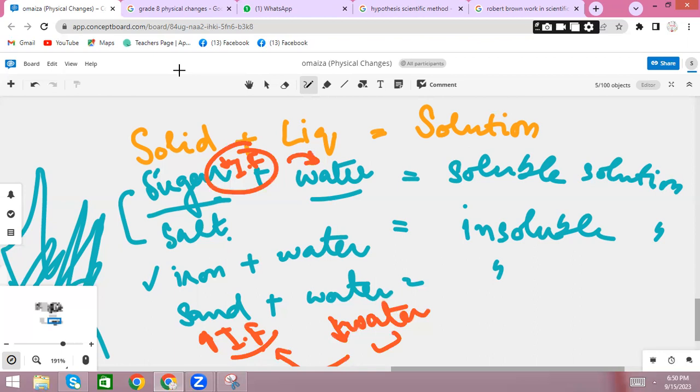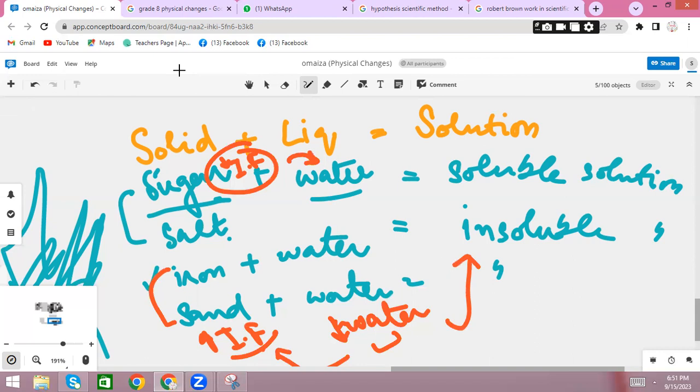This is the point that I want you to keep in your mind. Whenever the particle has less intermolecular forces of attraction, it is going to be soluble. Otherwise, if it has more intermolecular forces of attraction like that of sand and iron, then it is insoluble. Is it clear now?